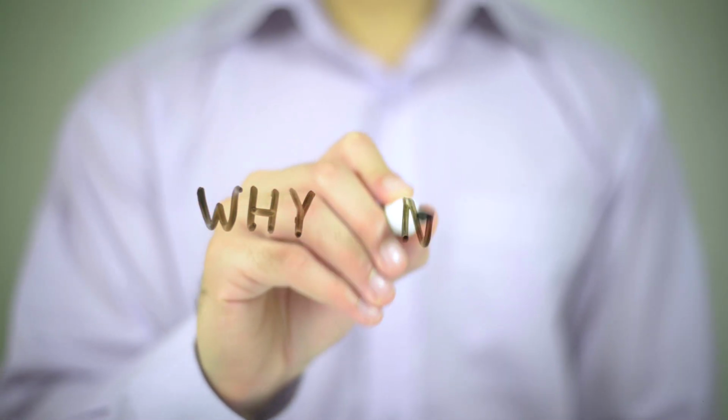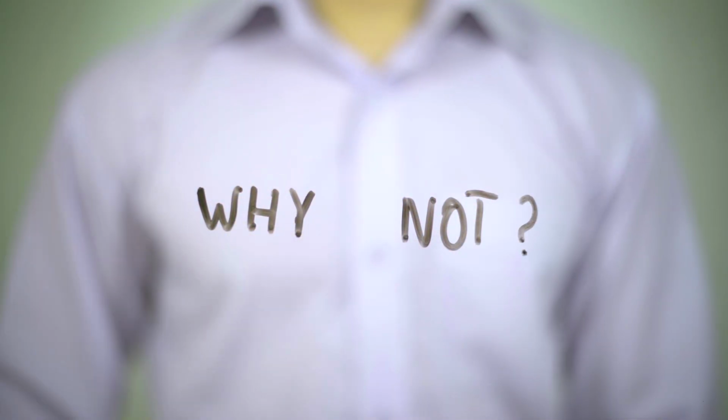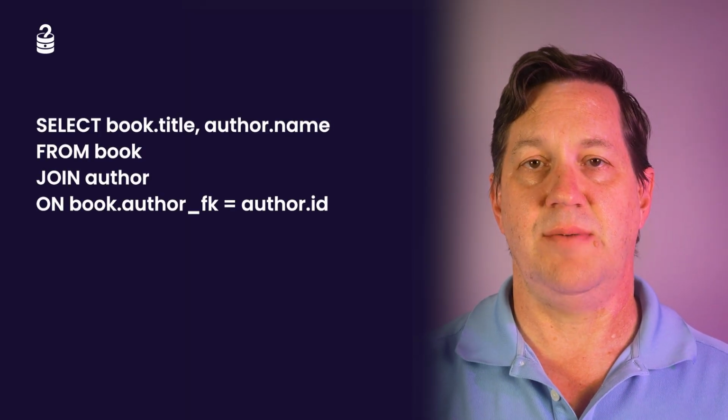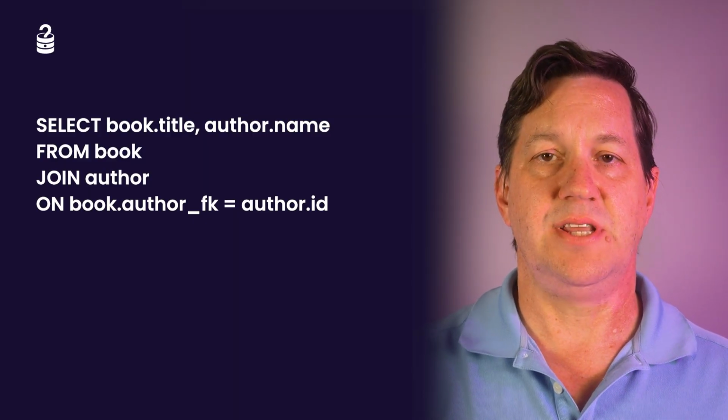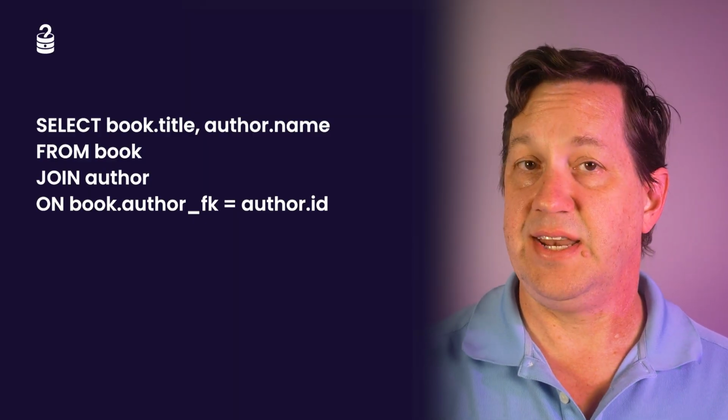Perhaps you're thinking, why not just make everything many-to-many and go from there? While noble, that would require putting an intermediate table between every single entity table in the schema. We've already seen how we had to move from select book.title, author.name from book join author on book.authorfk equals author.id.